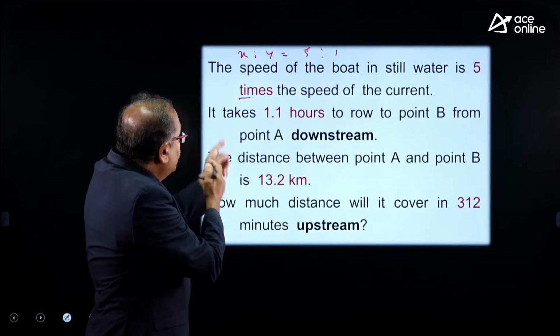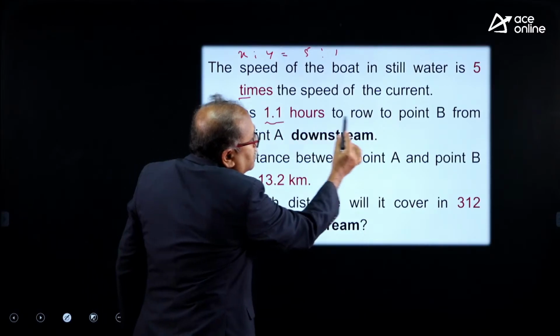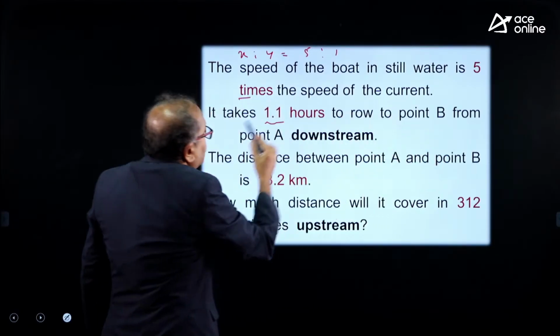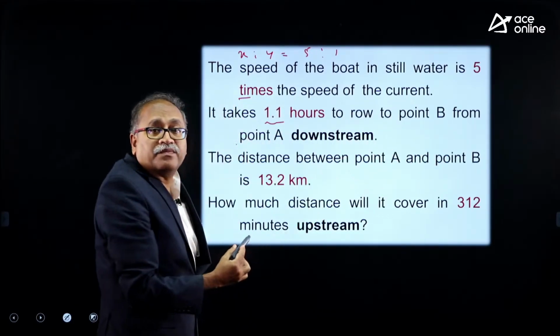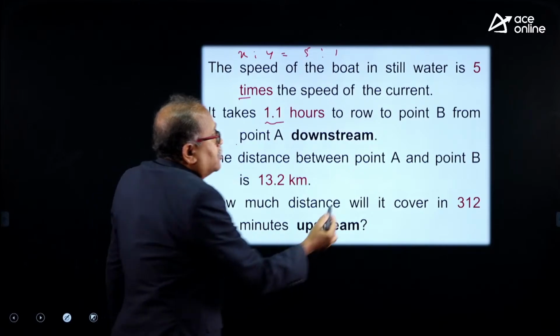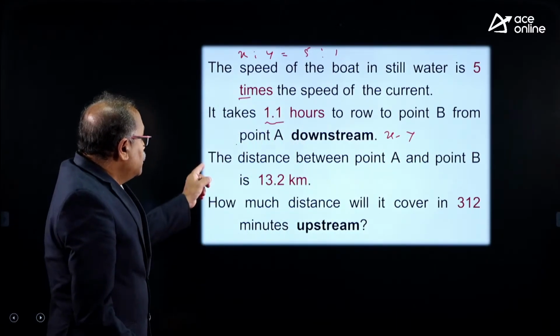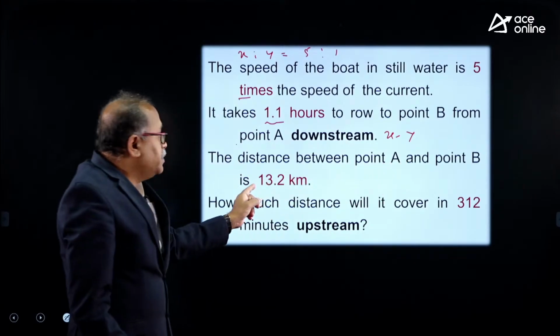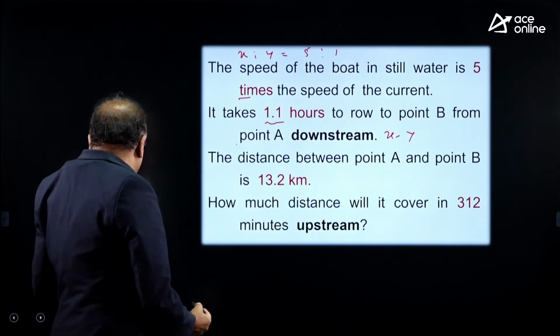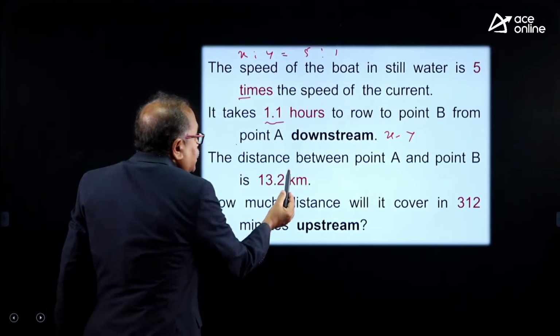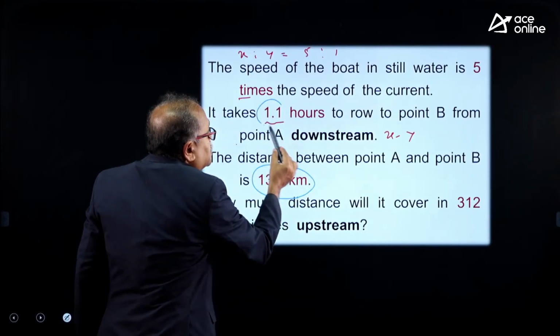The next one, it takes 1.1 hour to row to a point B from point A downstream. Downstream means my speed will be x plus y, and the distance between A and B is 13.5. So, by using these two pieces of information, this is the distance and this is the time.